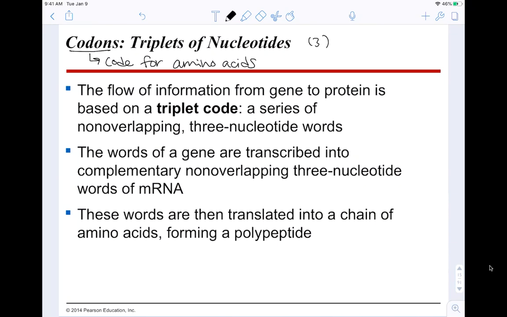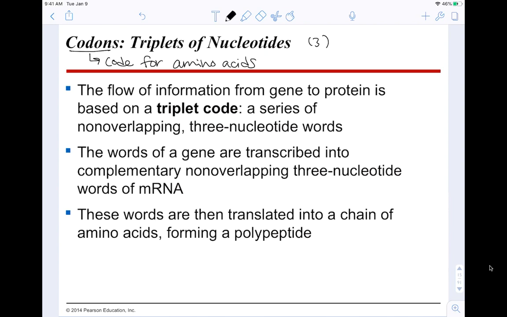That makes 1 codon. So the flow of information from a gene on our DNA to a protein is based on a triplet code. Now, this triplet code exists on mRNA. mRNA is just a whole bunch of codons put together. So the triplet code is a series of non-overlapping 3 nucleotide words. We're going to get into that in a minute.